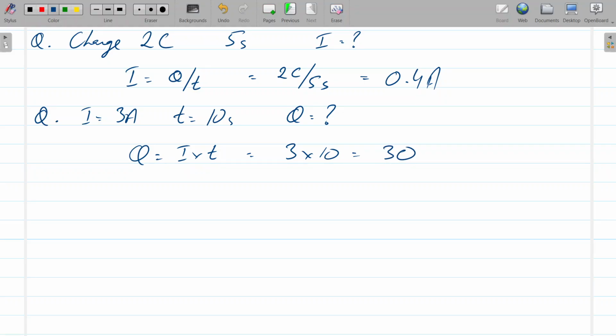Q, what does Q represent? What is Q? Q is for charge and it is given in coulombs. Coulomb, with a capital C. Okay, got that.